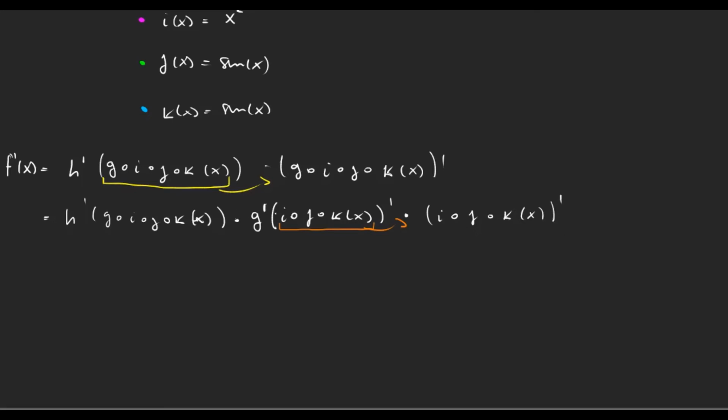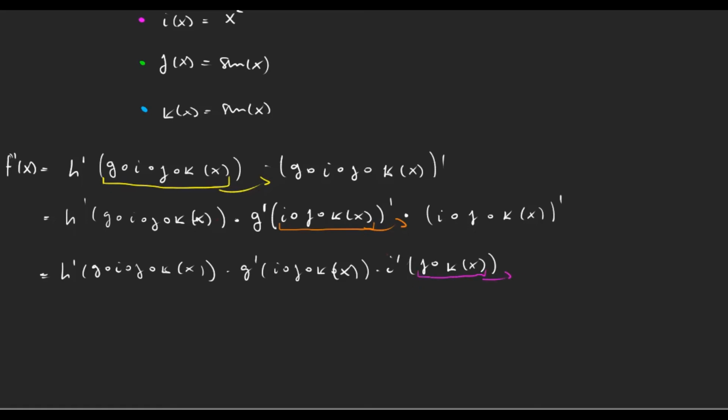So now we have these two products, and for this derivative, again, we first multiply by the first one, evaluate it in j composed with k, and then we multiply this by the derivative of what we had inside, so times j composed with k prime.